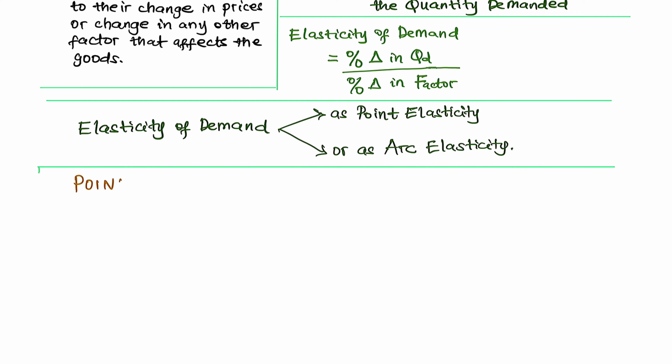Point elasticity of demand. In a simple way, the best way to know if the question is asking you to calculate a point elasticity is in the question, you will see the words at, you may also see the word when, and any other similar vocabulary to those words.